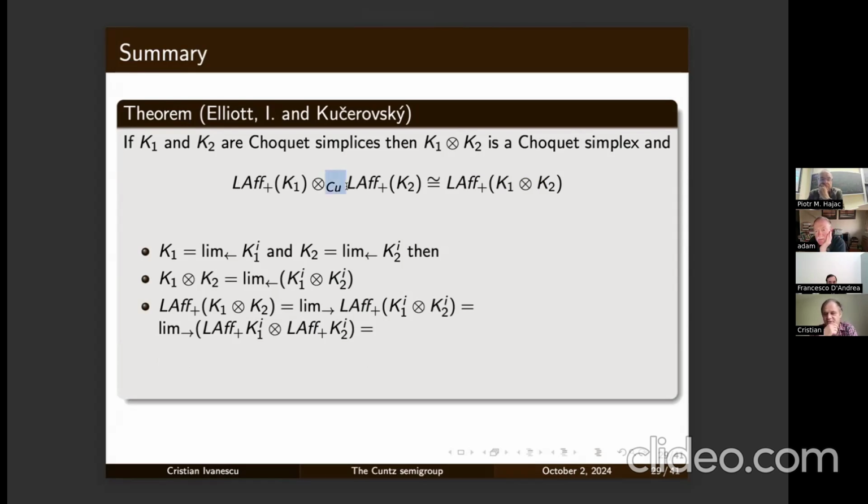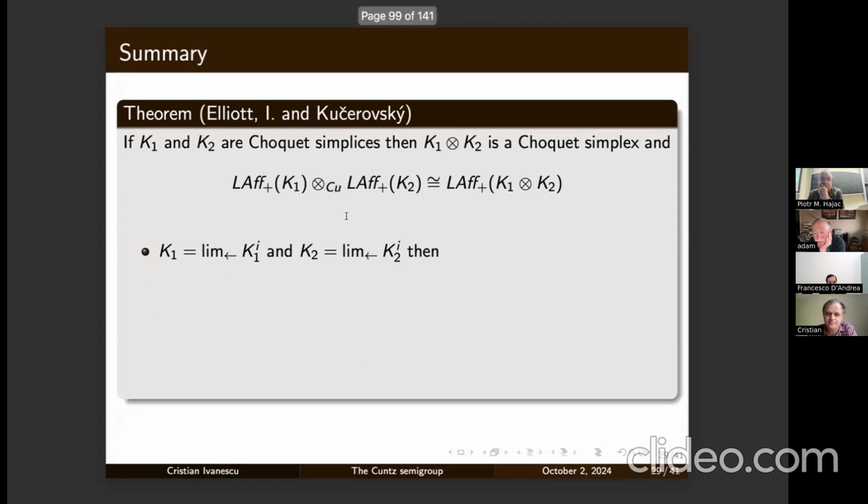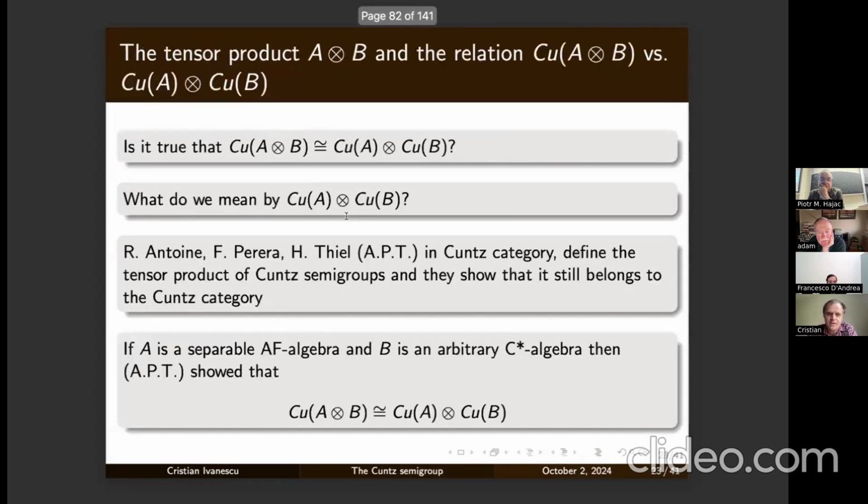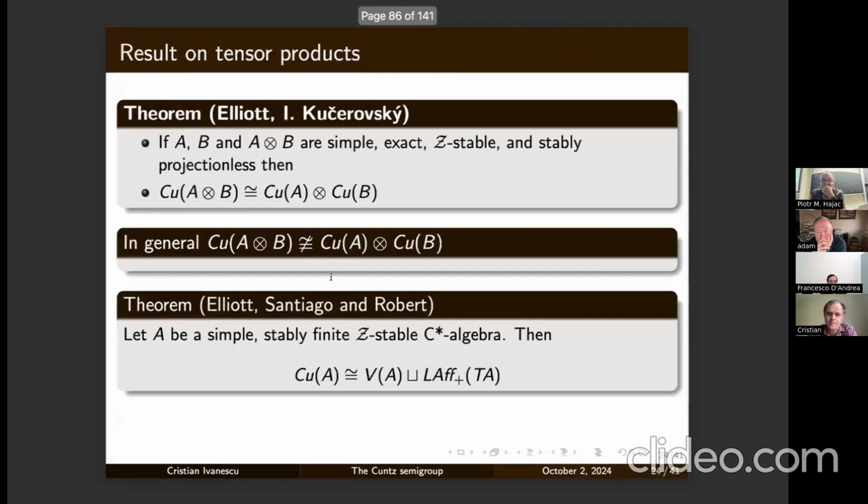Remember I said that the three authors, Antoine, Perera, and Thiel, define in the Cuntz category the tensor product of Cuntz semigroups. There is a universal property; essentially, that's how they do it. Using the universal property, they show that it exists in the Cuntz category. It's monoidal structures. Yes. Thank you.